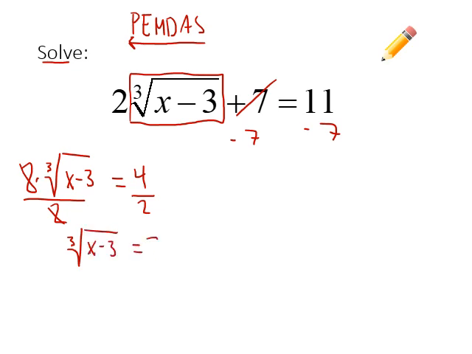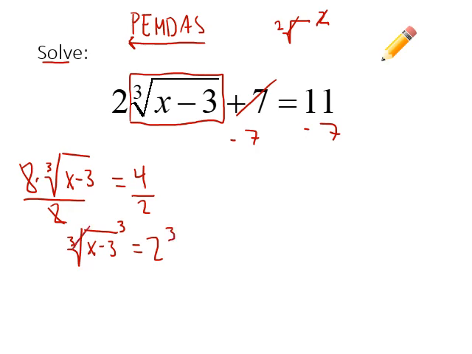equals 2. If we think back to when we solved by square root earlier in the year, square root and squared were inverses. They canceled because the index on that square root was a 2. Well, the inverse of cube root is going to be to cube both sides.